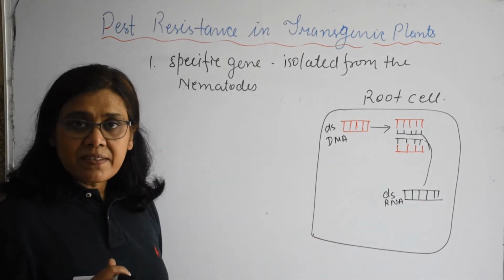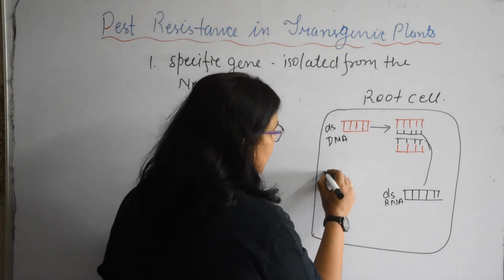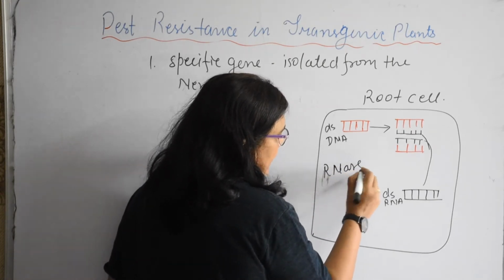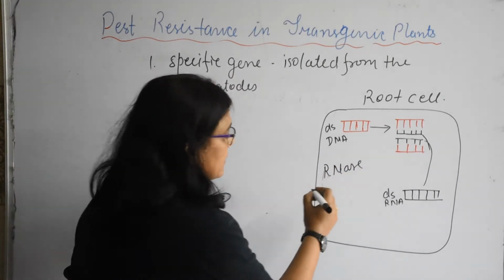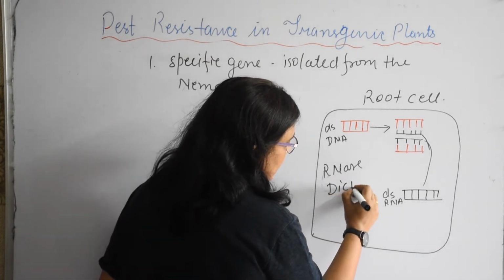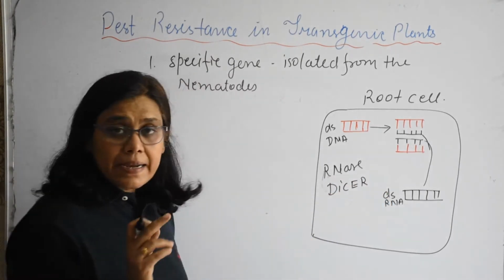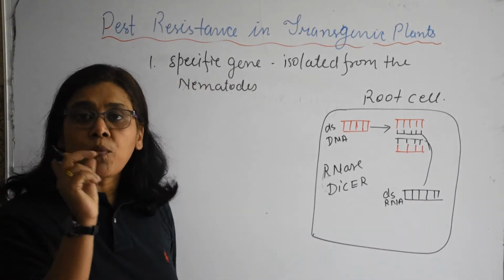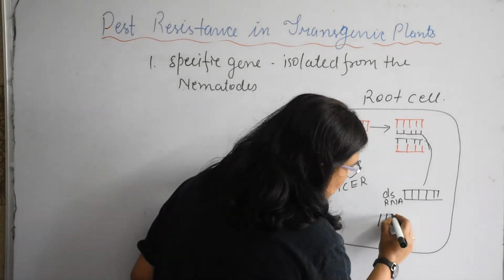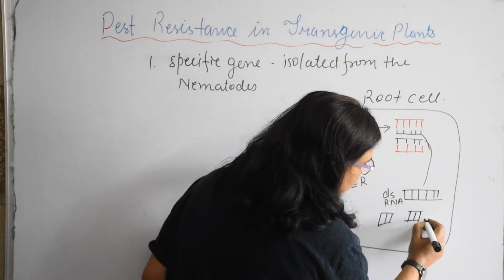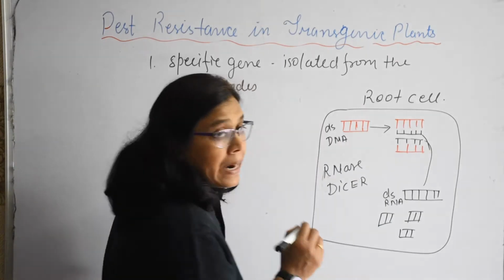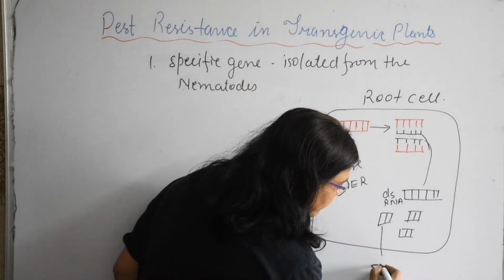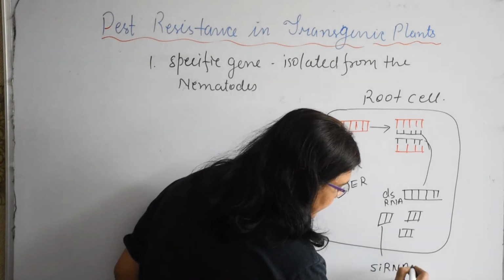Here one enzyme is present in the cell, that is RNase, also called dicer. The dicer enzyme will cleave the double-stranded RNA into small fragments. These fragments are called small interfering RNA.